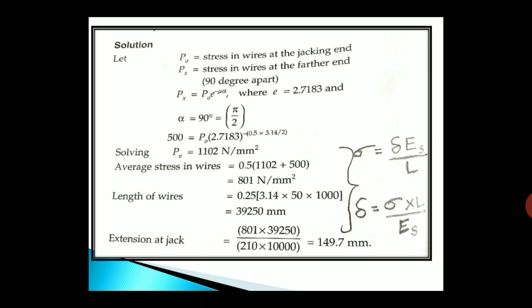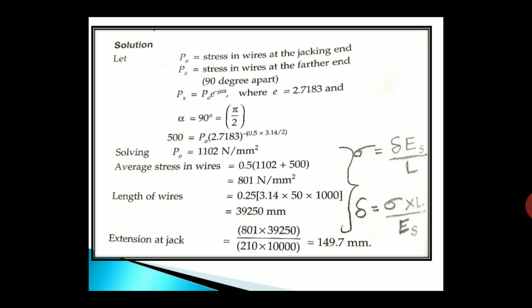Now with this we need to find the extension at the jack, which is the other requirement of the example. Therefore, we have the formula delta is equal to sigma into L by Es, where sigma is the average stress, which is 801. Length we have found out, that is 39,250 mm, divided by Es, which is 210. Now I think here a 10 has come extra.